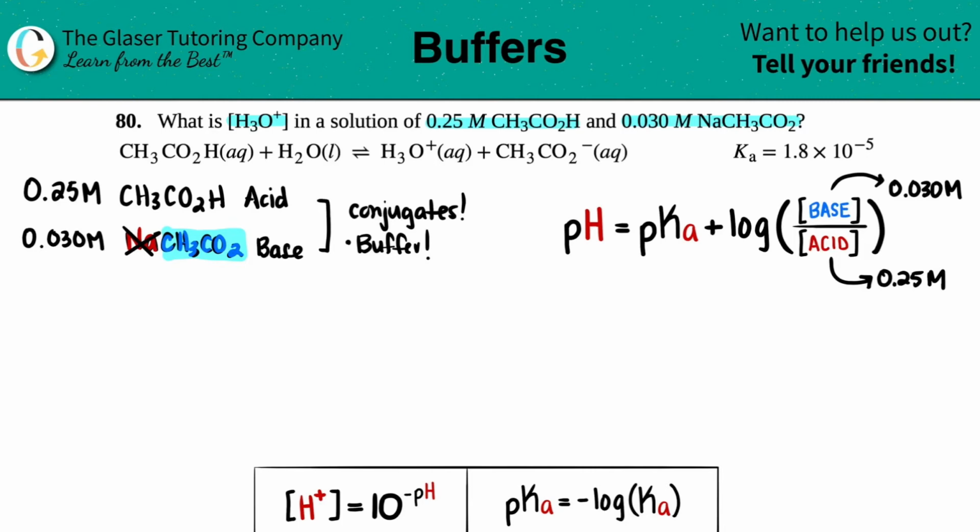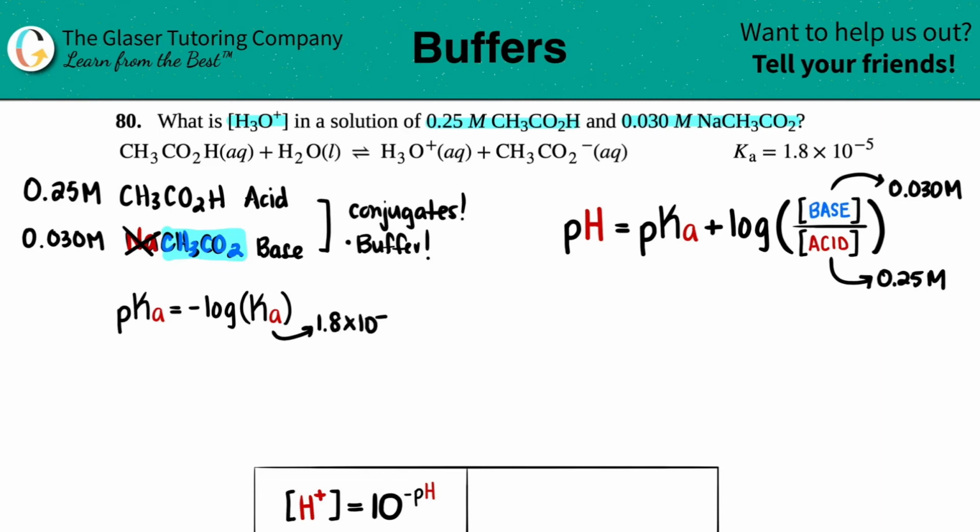Now, in this case we can solve for a pH, but I need to know a pKa, and they gave me a Ka value. So I can use this equation, pKa equals negative log of Ka, to solve for the pKa. They told me that I had a Ka value of 1.8 times 10 to the negative fifth.